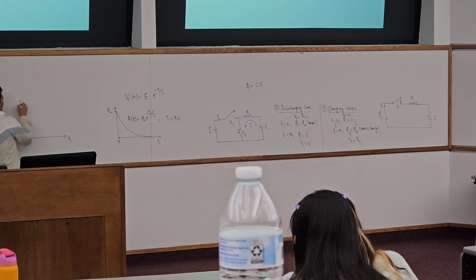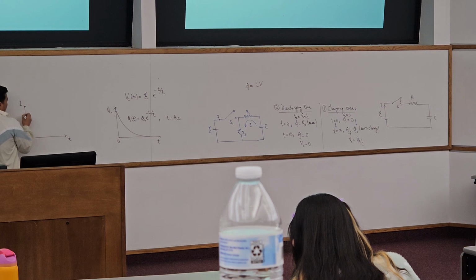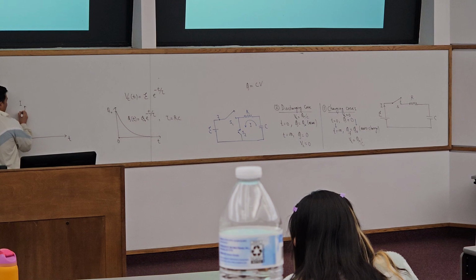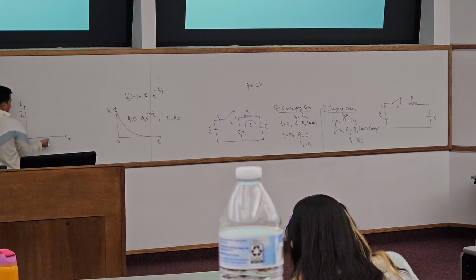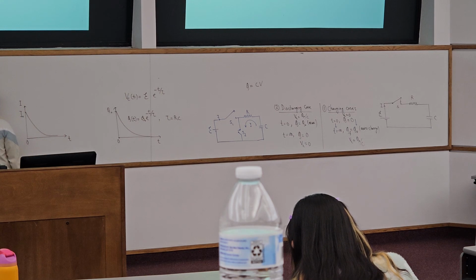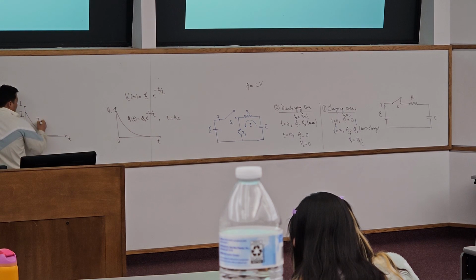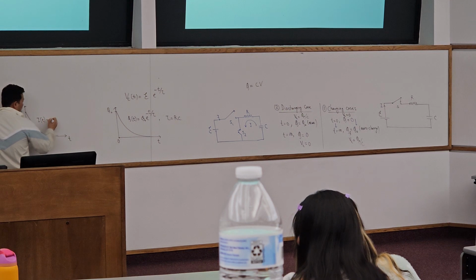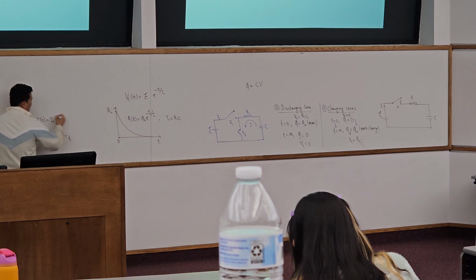This is the current I. So you have a maximum current in the beginning, I0. And if you use up your capacitor for a long time, again the current will be like this. I(t) equal to I0 e power minus t over tau.